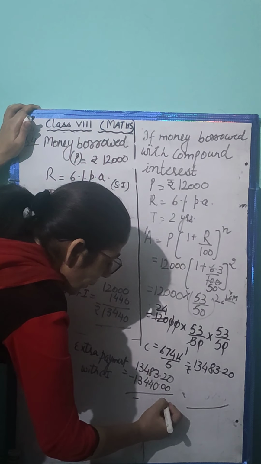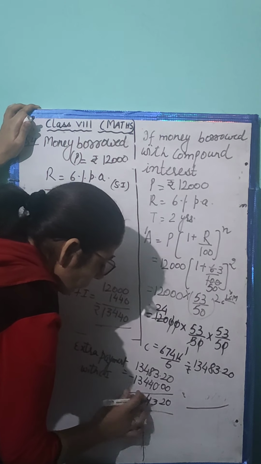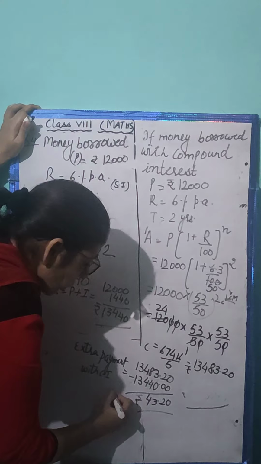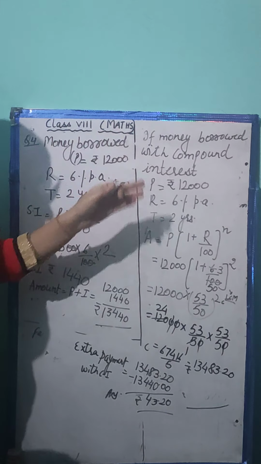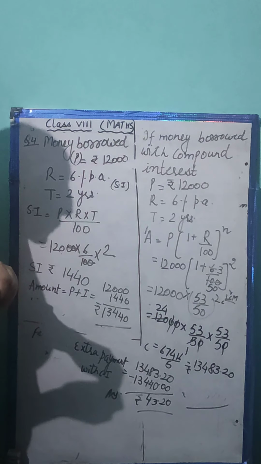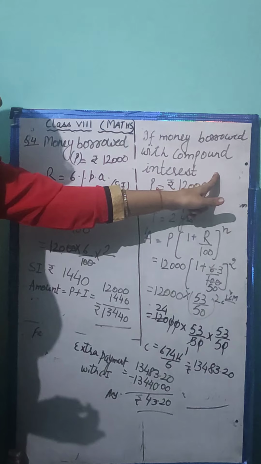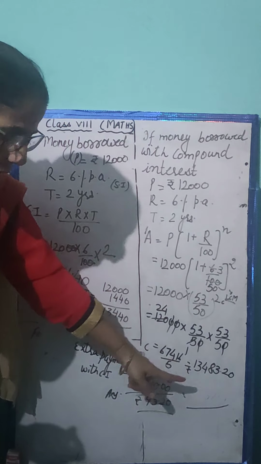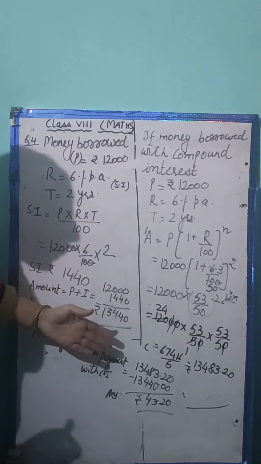So this will be equal to rupees 43.20. It means if same amount is borrowed with same rate and same time by simple interest and by compound interest, compound interest is always greater, and how much that we can find by getting the difference.